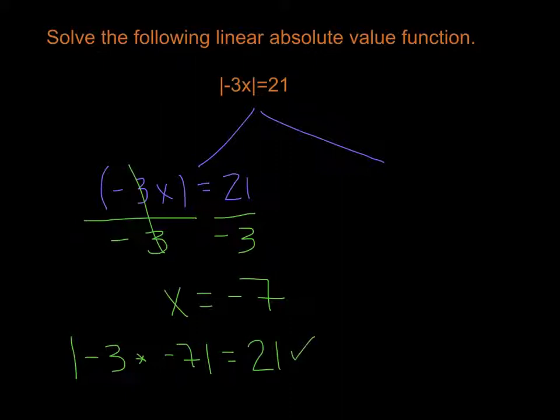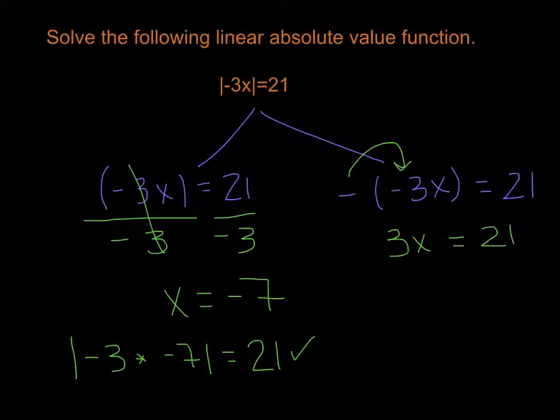So that works. The other side of the equation is to look at the negative value. So what happens when the absolute value is negative? Just as in any equation, we would distribute the negative value. A negative times a negative is a positive. So you get 3x equals 21.